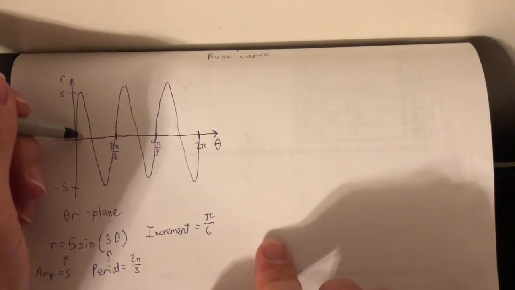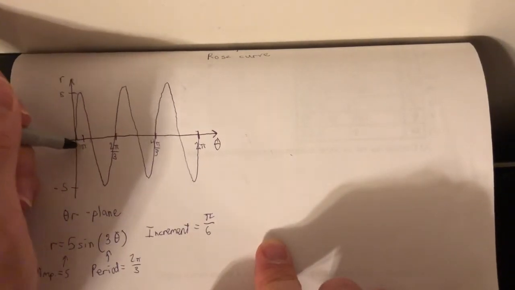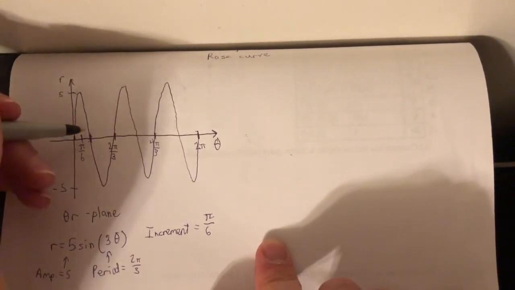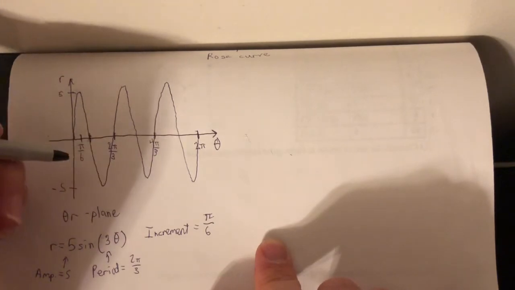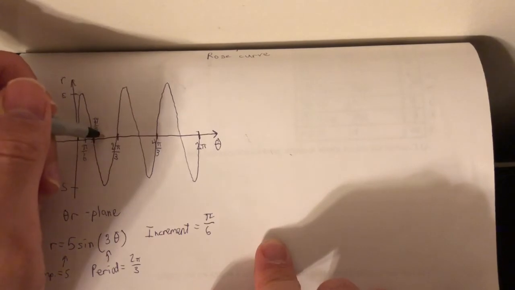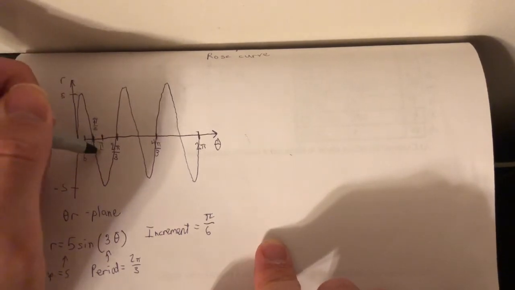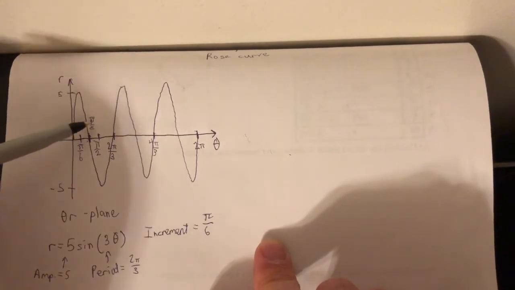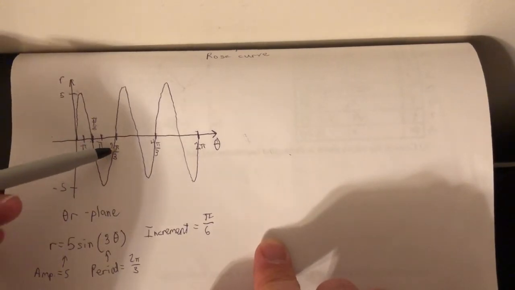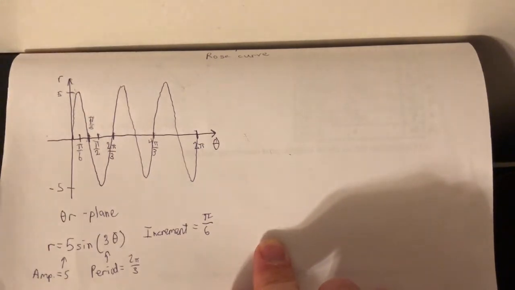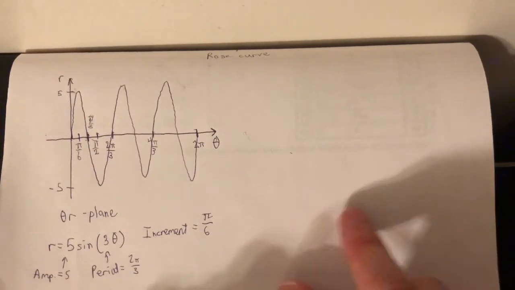That tells me it's going to take pi over 6 units to get from 0 to the top, and another pi over 6 units to get back to the theta axis. So this is going to be pi over 3, and you can check the math here. This is going to be pi over 2. So if I go pi over 6, pi over 3, pi over 2, and 2 pi over 3, that'll give me a good start as to how I'm going to graph this.